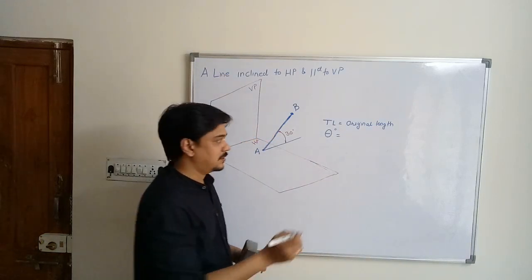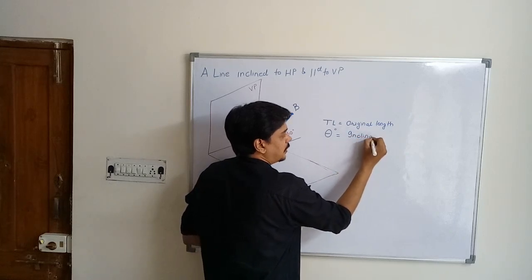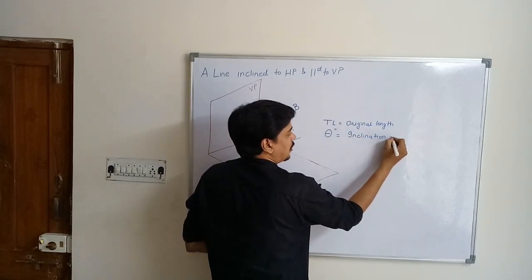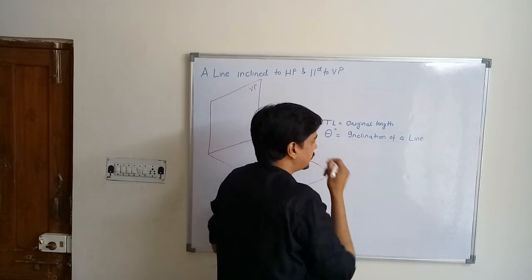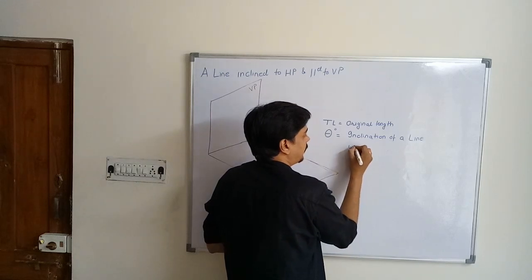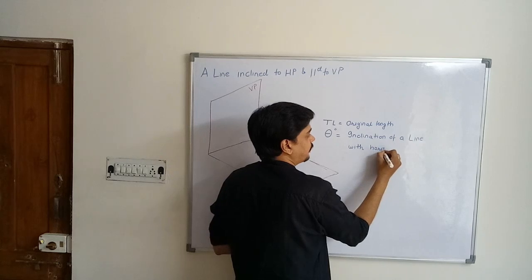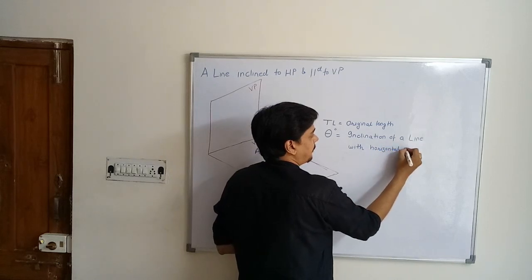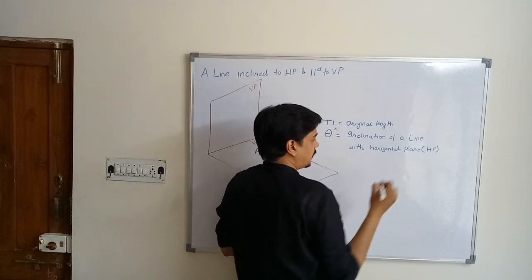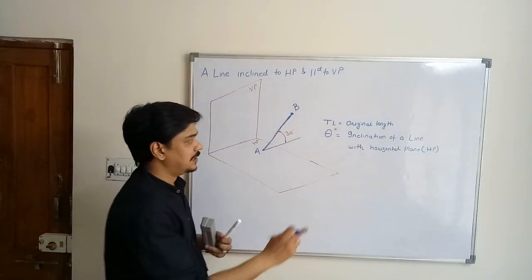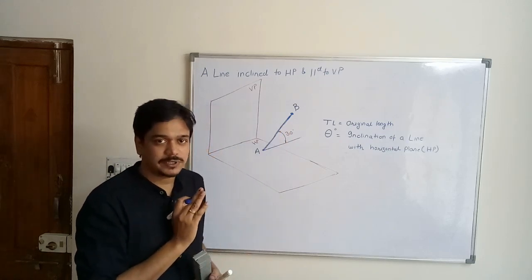So this theta is nothing but the inclination of a line with horizontal plane, that is HP.